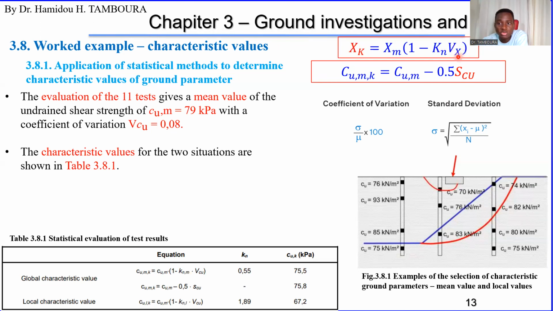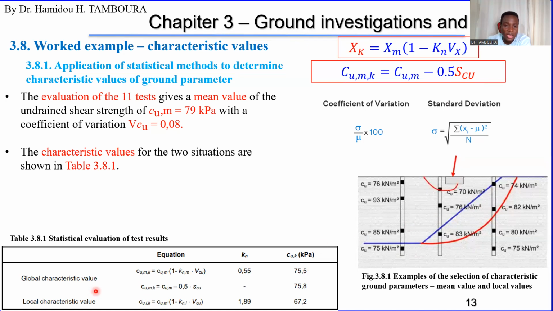X here, you replace X by Cu because we are calculating Cu. So if you are calculating Cu, replace everywhere that X is by Cu: Cu,k, Cu,m, Cu, V. So VCu here is this value. Okay, then you will obtain this 75.5 as characteristic value for the slope stability case.